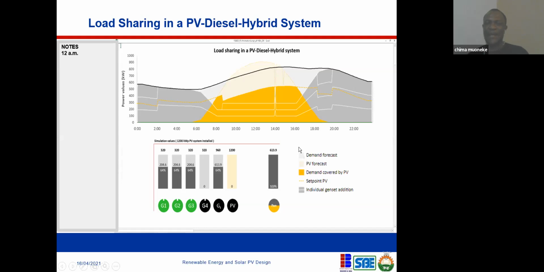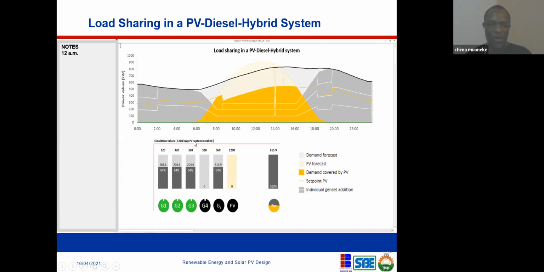So this is the entire system from 12 a.m. to 12 p.m. This is how the automatic control works. It senses how your demand is changing, and it automatically controls the supply sources, the number of generators, and the penetration rate of your PV system.